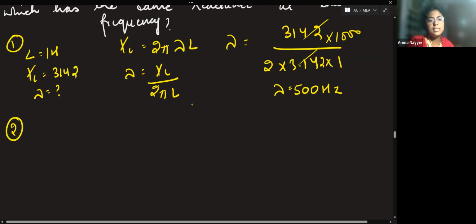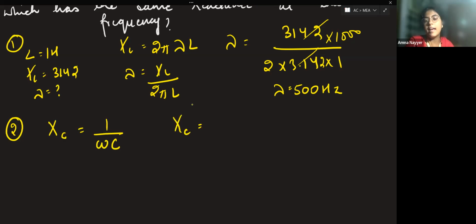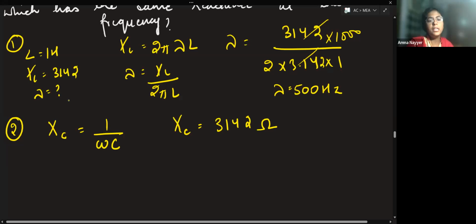See, XC will be equal to what? 1 by omega C. This C is unknown and this time XC's value is 3142 ohms, not hertz, sorry. This is a resistance, and hertz is the SI unit of frequency, so we'll be using ohms. And omega from 2 pi nu you can write.